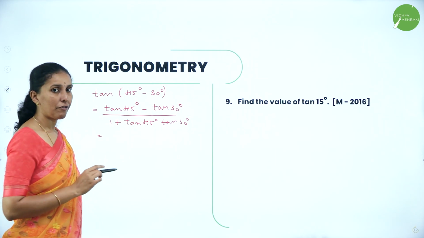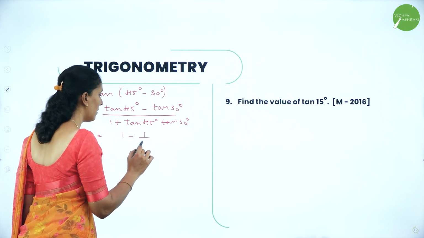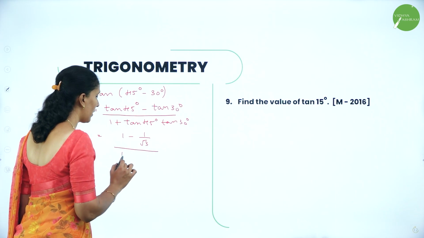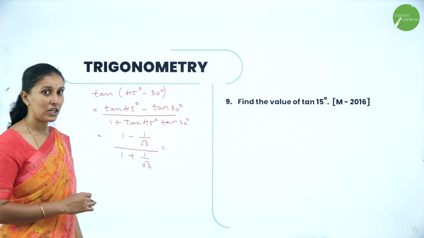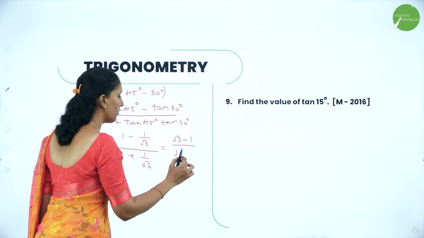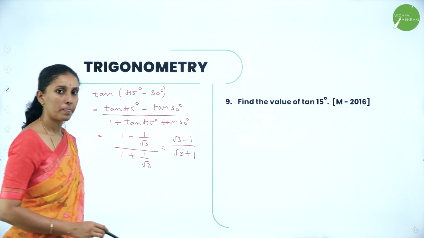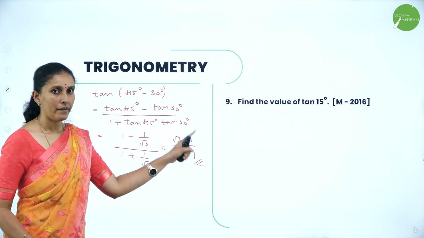The value of tan 45 is 1, tan 30 is 1 by root 3. So 1 minus 1 by root 3 divided by 1 plus 1 by root 3. On solving and cancelling the denominator root 3, we will get the value as root 3 minus 1 divided by root 3 plus 1. Now, this is the value with irrational roots here.